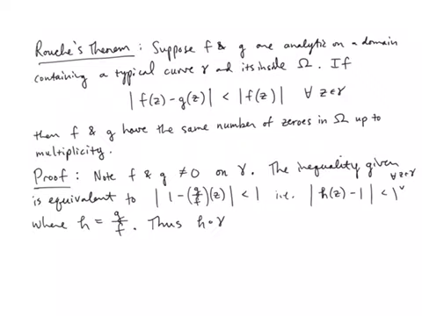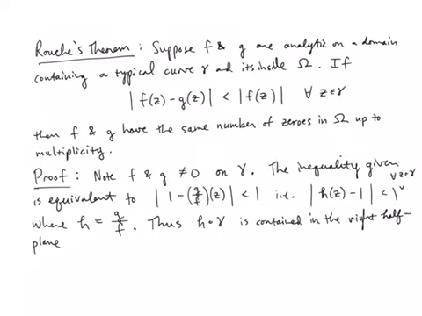So thus H composed with gamma is contained in the right half plane. And so the change in arg that H composed with gamma makes as you go around gamma is 0, right?